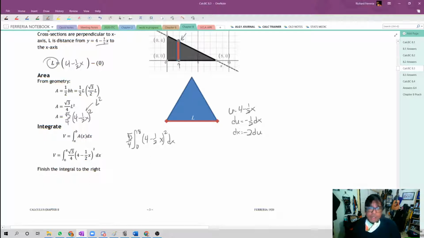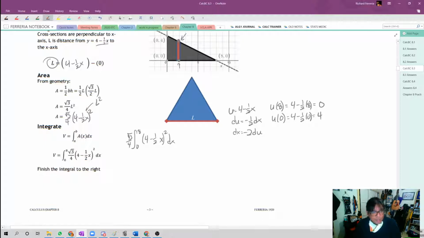And I'm going to use a total substitution. So when x equals 8, u is going to be equal to 4 minus 1/2 of 8, which is 0. Yeah, 4 minus half of 8 is 0. And then when x is 0, u is going to be 4 minus 1/2 of 0, which is 4.